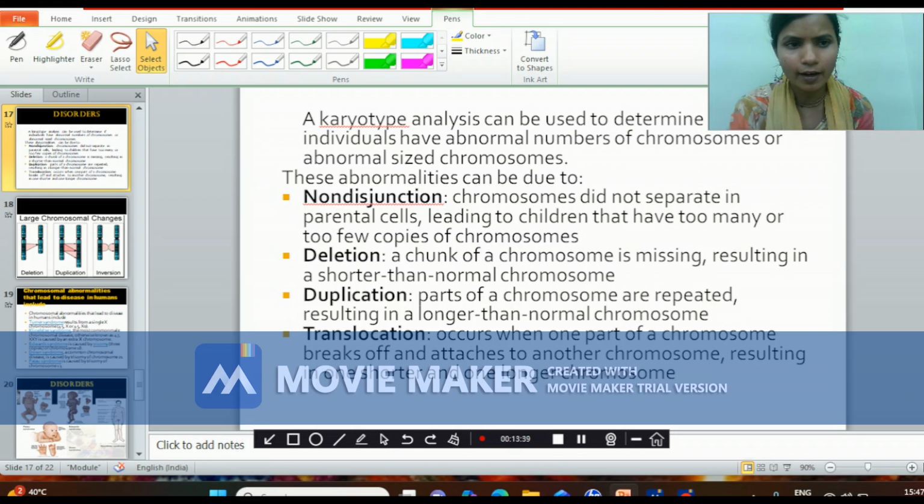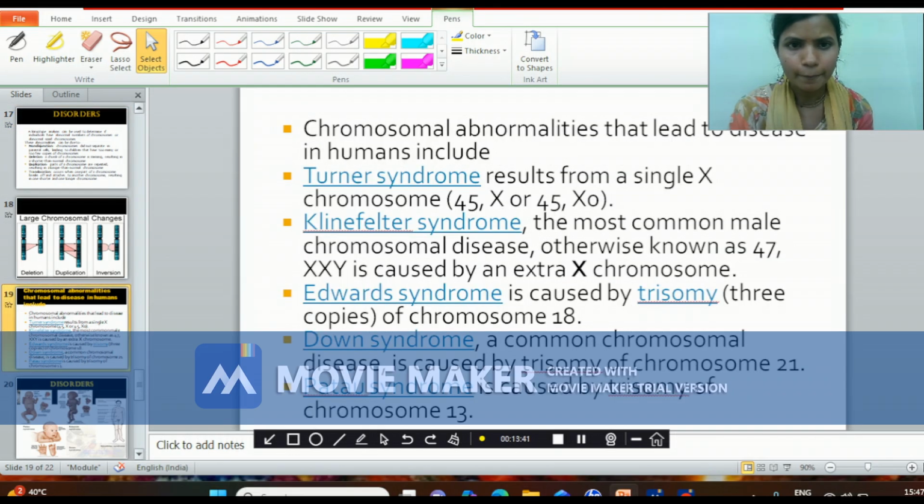That is called translocation. In Turner syndrome, there is a missing of one chromosome. In Klinefelter syndrome, there is one extra X chromosome. XY is male, but in male an extra X is present, so in this condition a male shows female characteristics.